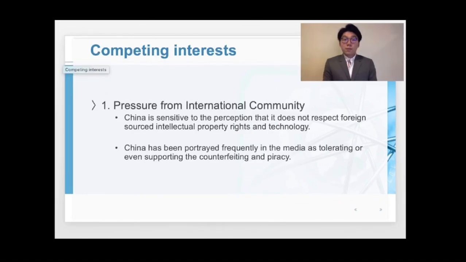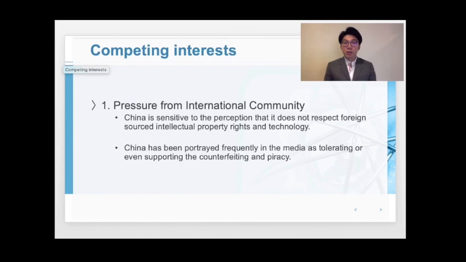Other than this, it is indeed a tough question for China to make its choice, since there are several competing interests. Because the debate over whether to permit parallel imports of trademark goods in China implicates important and sensitive political, economic, and legal issues. First, pressure from the international community.